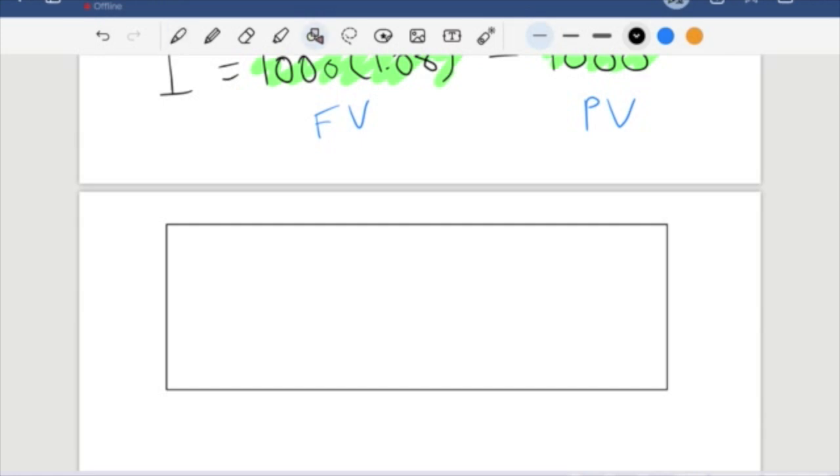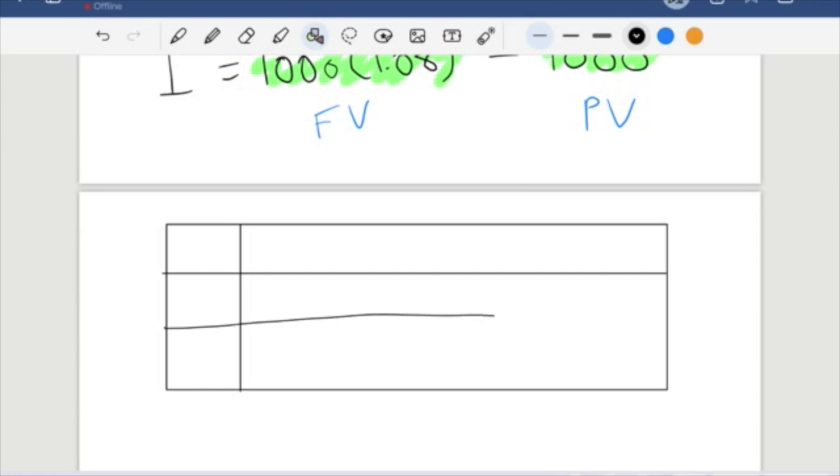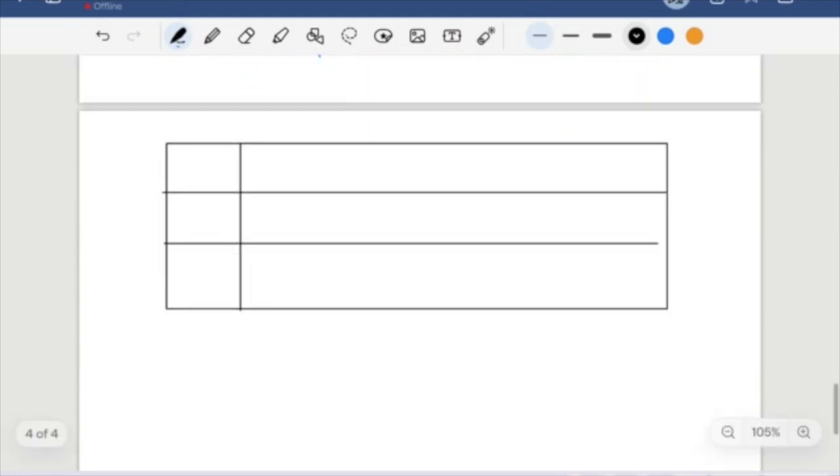I'm going to have my N, my FV, my future value, as well as my interest. But what I'm actually graphing at the end of the day is my interest against my number of years or compounding periods. So I have my N, I have my FV, and I have my I.